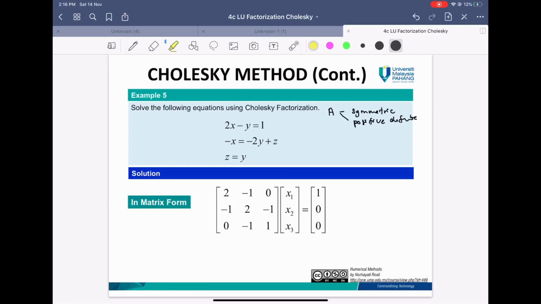The first row of this matrix is equal to the first column of this matrix. The second row is equal to the second column, and the third row is equal to the third column.